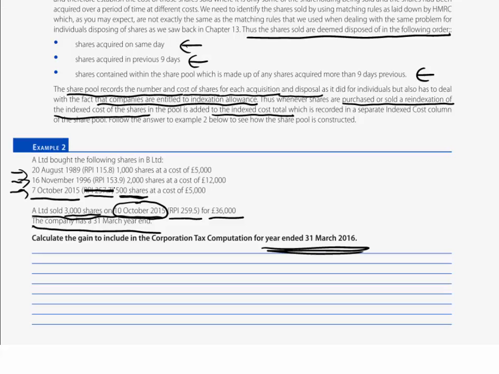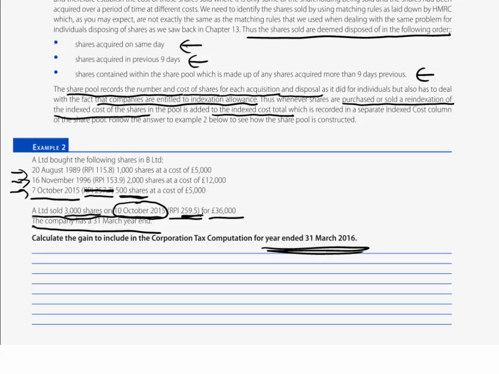We know that the RPI in October is 259.5, and that is the figure that we will be using in answer to this particular examination, or examination style, question. Irrespective of whatever the RPI was in the previous 9 days, it's probably the same month anyway, but there will be no indexation allowance in relation to that particular disposal.